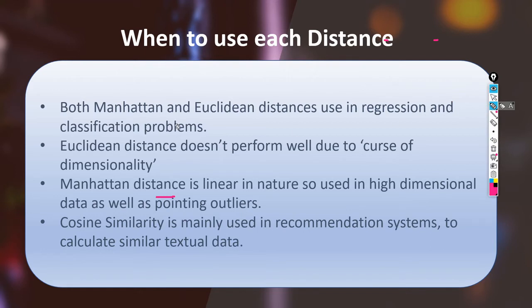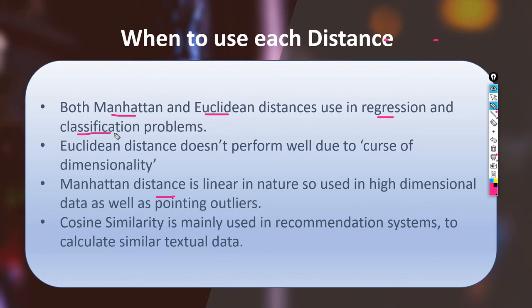Specifically, how are these distances used in various fields of machine learning? The Manhattan and Euclidean distances are used in both regression and classification. As I mentioned in my earlier video, while calculating the nearest neighbors, or k nearest neighbors, we have to calculate the distance. So you can either use Euclidean distance or Manhattan distance.